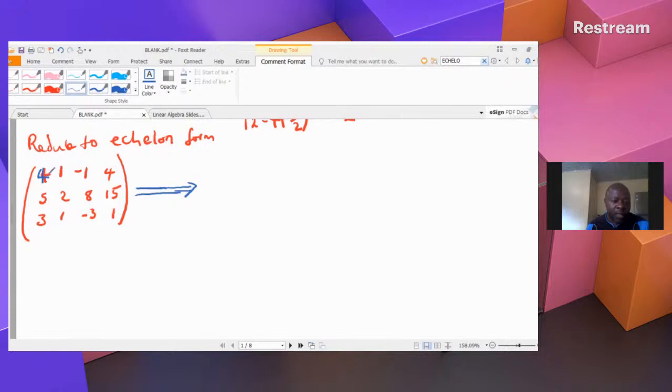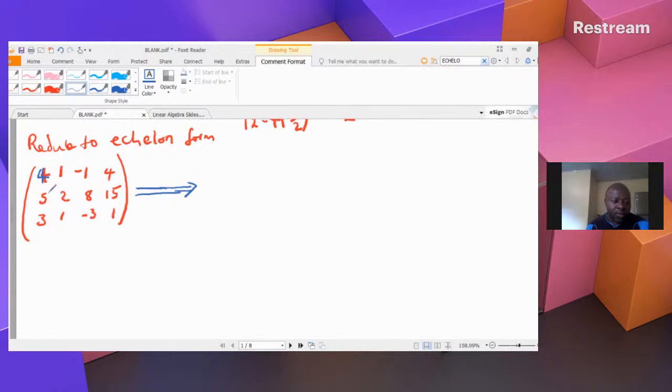The other way that we can create a 1 in this position, you notice that the third row has a 3. So if this 3 was to be subtracted from this 4, I'd have a 1 in this position. So I can get a 1 in this position by either dividing this row by 4 or subtracting row 3 from row 1.